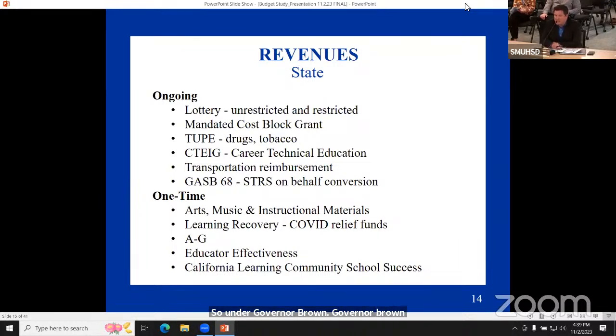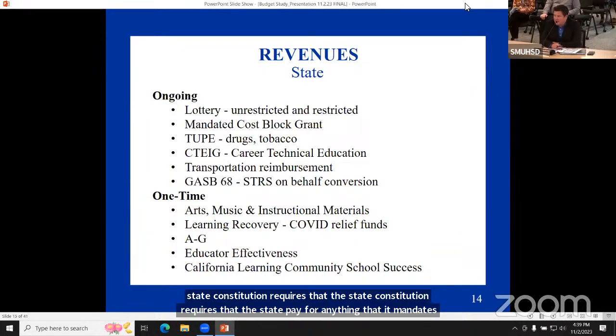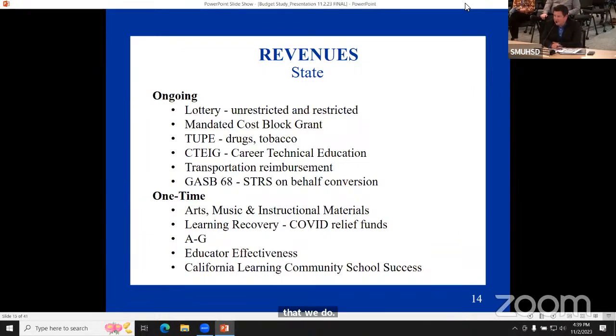I'll hit this because it's the second of our bullet points here. The state constitution requires that the state pay for anything that it mandates that we do. The problem was that whenever there was not enough money to pay for it, they would literally put in $1 in the budget and then defer that money. Well, Governor Brown, speaking of sneaky accounting ways to do things, he said, we know you're never going to get this money, or if you're going to get it, you're going to get it 5 years in the future.